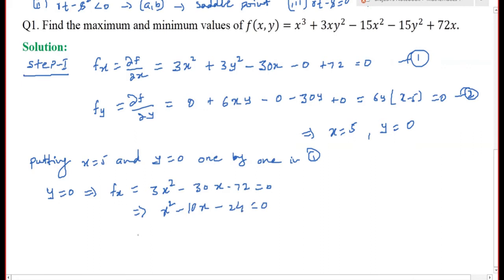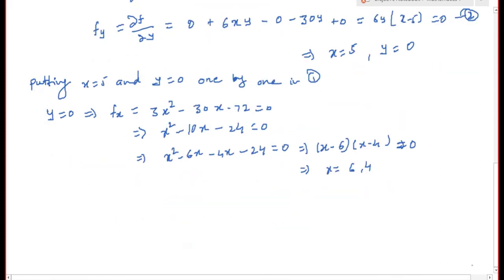So by factoring, we have x square minus 6x minus 4x minus 24 equals to 0. So this is going to be x minus 6 and x minus 4, and this equals to 0. So the result you get here is x equals to 6 and 4.